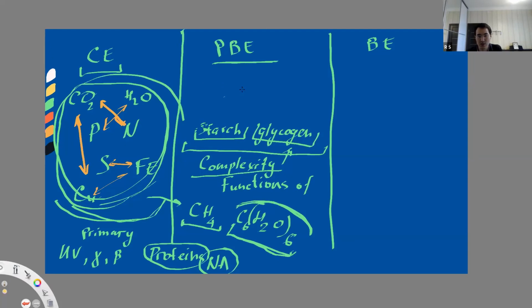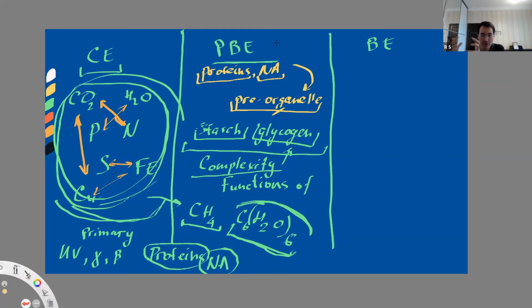These molecules, proteins and nucleic acids, these first molecules, could form even higher levels of complexity. This led to the formation of the first, let's call them, pre-organelles. And these pre-organelles started forming new complexes with each other. That's why we have, for example, the ribosome that consists of two distinct parts or units.